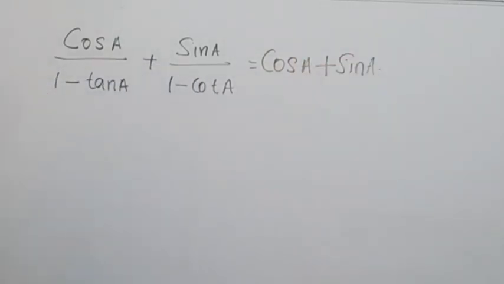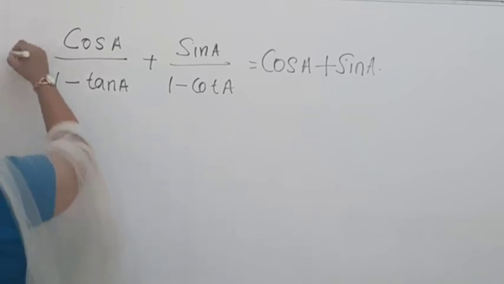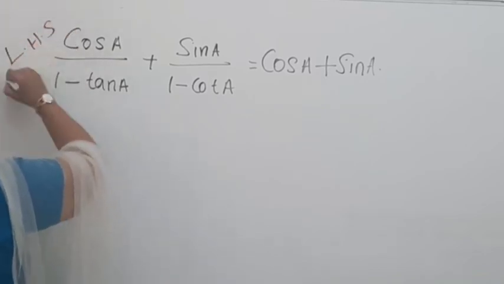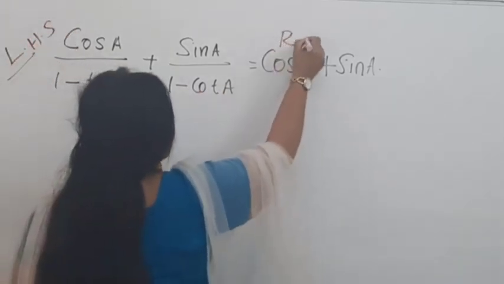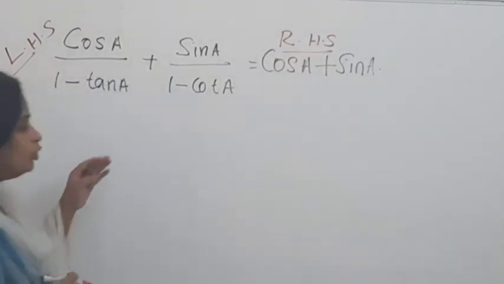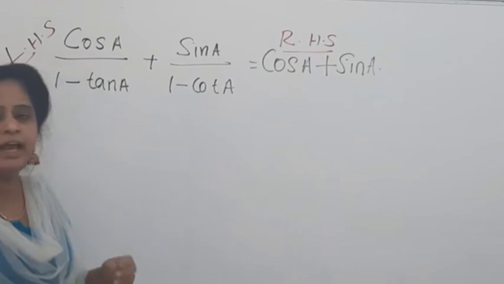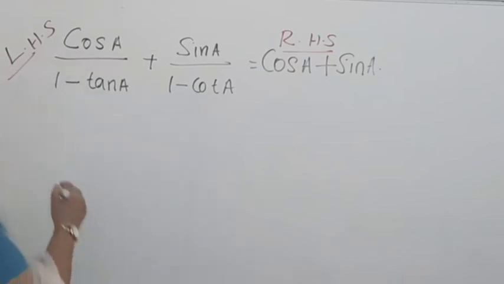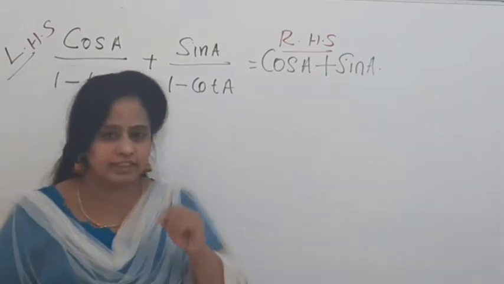Now, in proving these identities, this is your LHS and this is your RHS. I am going to take my LHS and bring it to the RHS. So consider my LHS. Now, I am going to give you the first step.